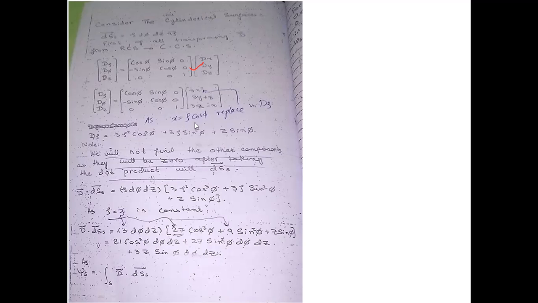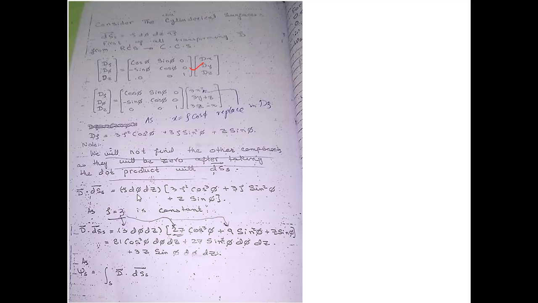And again x is equal to rho cos phi, replace in here. So we will get this, and also multiply with the first row, first column of this matrix, so we will get this. Now this is D rho, so D rho dot dS, and all the components are in the same coordinate system. Now rho is equal to 3, which is constant, so replacing the rho values.